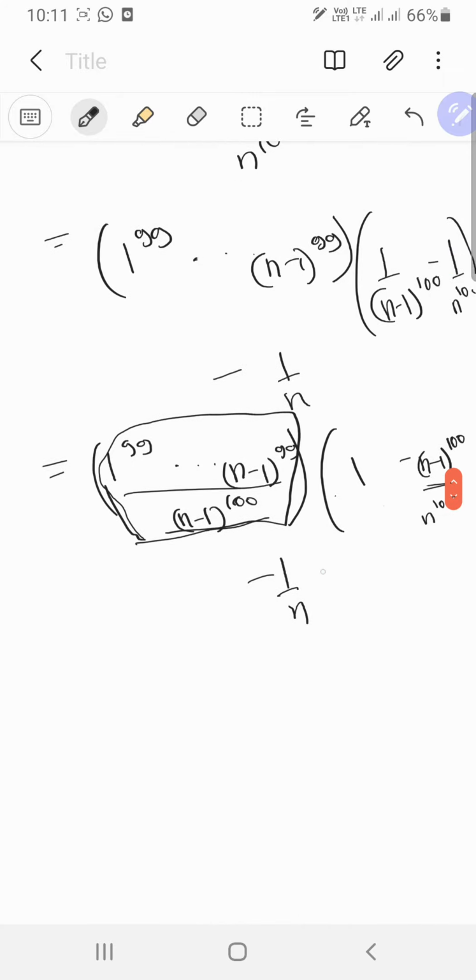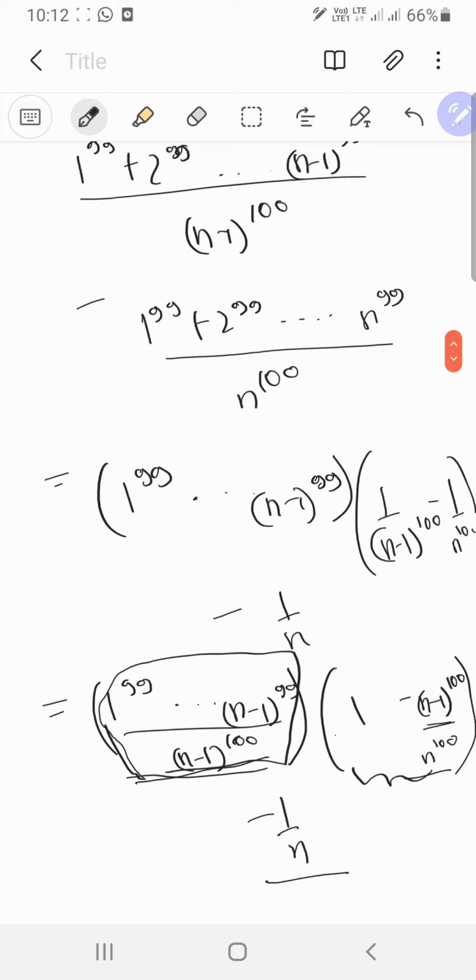And this thing, 1 minus n minus 1 power 100 upon n power 100, minus 1 upon n, actually is not like this; the bracket should be over here. So this thing approaches 1 as n goes to infinity, so this complete thing approaches 0, and this other thing is a finite quantity. 0 times a finite quantity is 0, and minus 1 upon n also approaches 0.